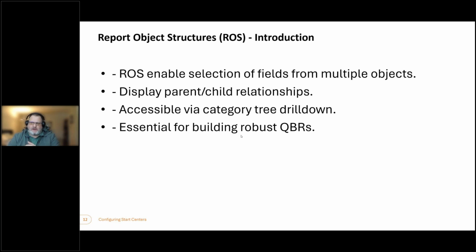But you may find that there is data that you need that you can't get through the out of the box object structures. It's not unusual to create new report object structures. It is an admin thing. It's something you'd have to go to your Maximo admin group to do, or you can do yourself if you're blessed with the ability to do that. We'll talk about it pretty briefly. It's a little bit beyond this back to basics, but it's something to be aware of, okay?